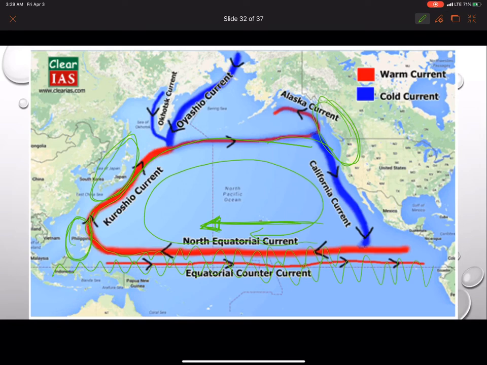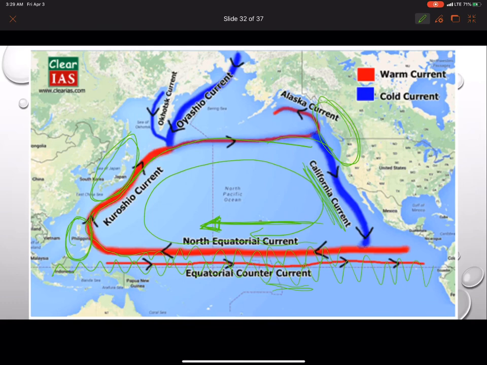You can see here that it is part of the equatorial current, and the California current as well. So this is the Kuroshio current. Good. All right, let's go.